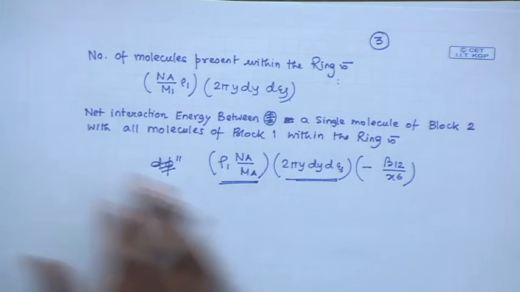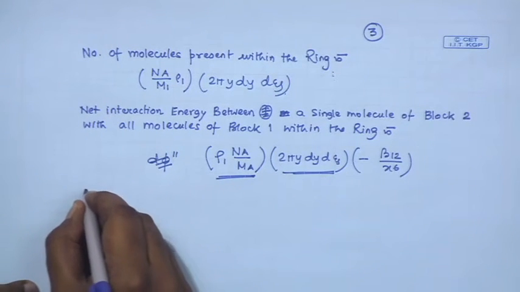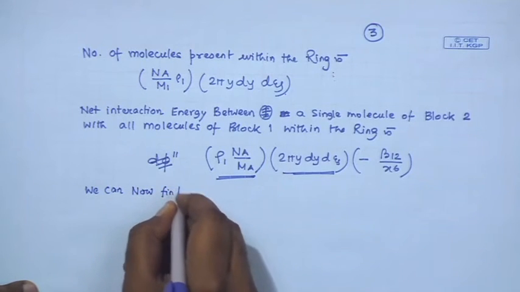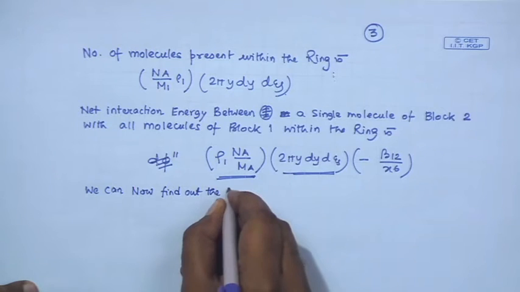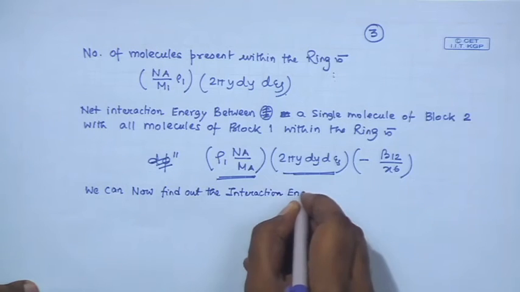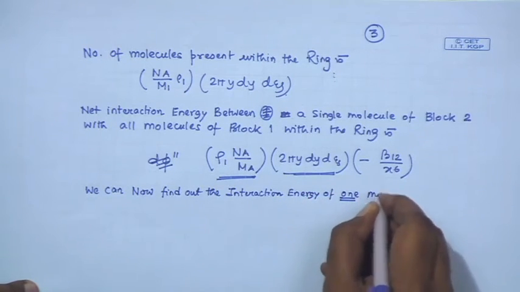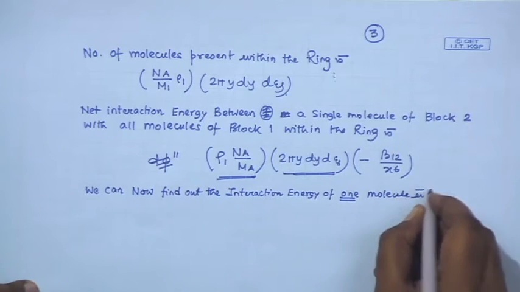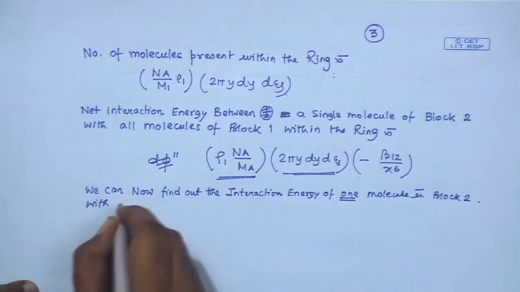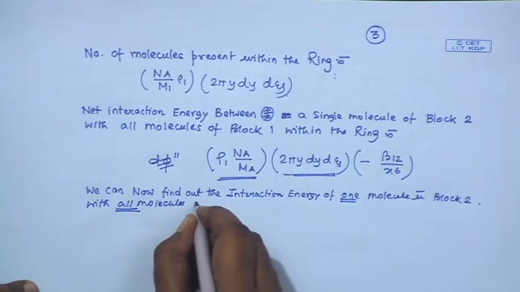So, now based on this, what you can do is find out the interaction energy of the identified molecule in block 2 with all molecules of block 1.